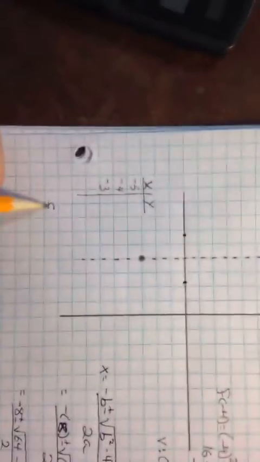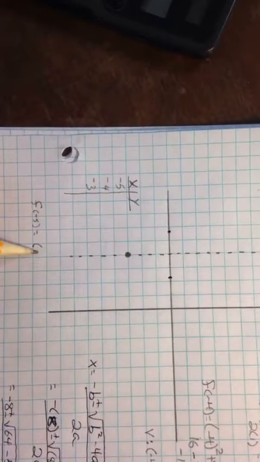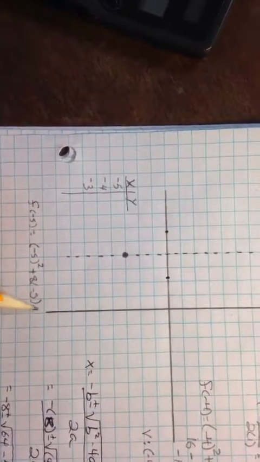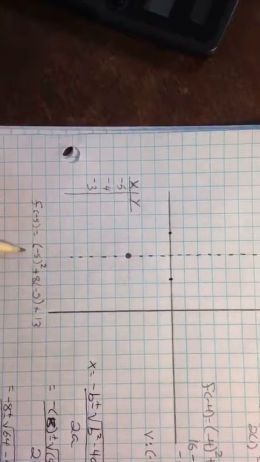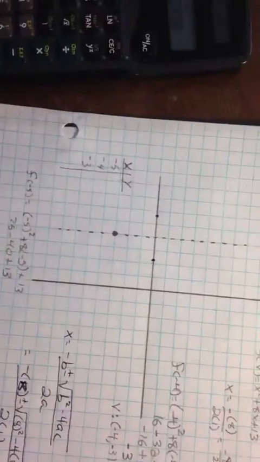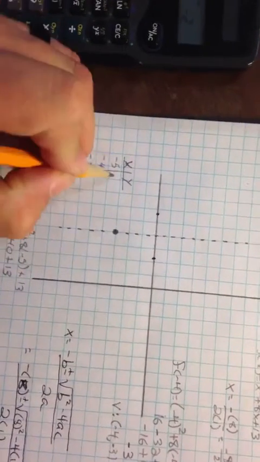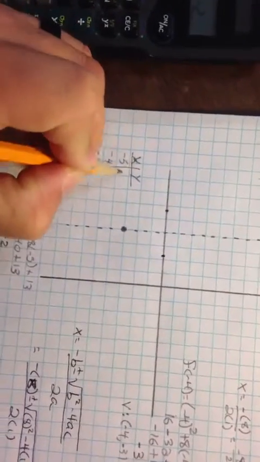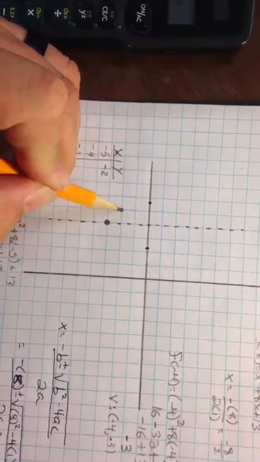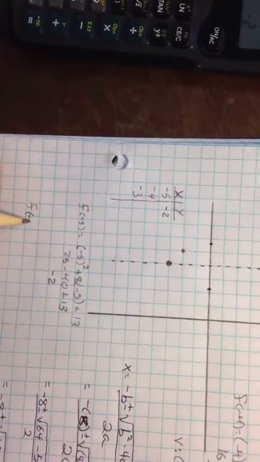So, I got f of -5, that's going to be -5 squared plus 8 times -5 plus 13. So we got 25 minus 40 plus 13. Be a -2. So at -5, -2, there's a point. So then f of -4.